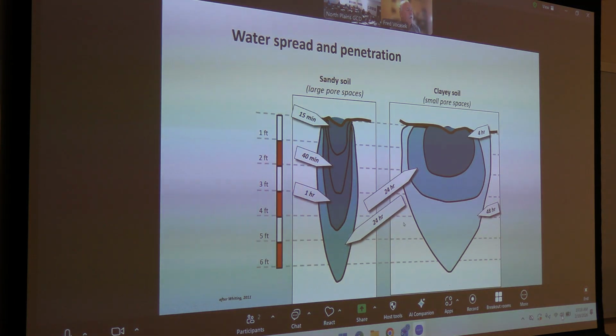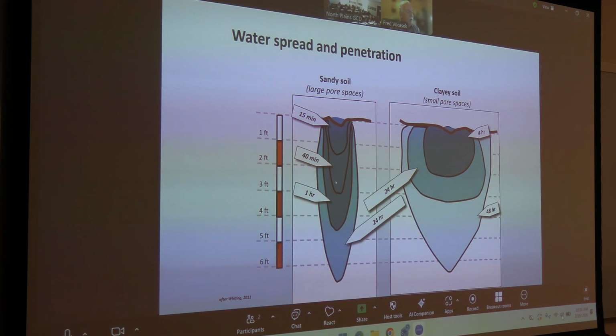This is just an example I ran across, this diagram that illustrated a sandy soil and a clayey soil, and this would be under a furrow irrigation system. So we run water at this point, and we can see here at 24 hours, just by comparison, the clayey soil had less depth of water infiltration, but there was a lot more lateral infiltration than did the sand.